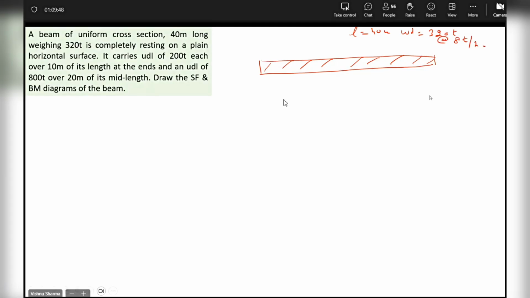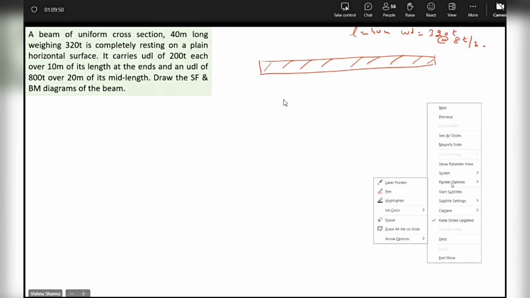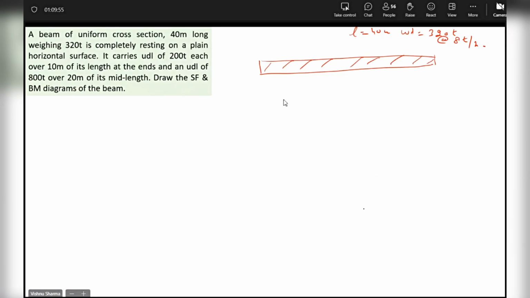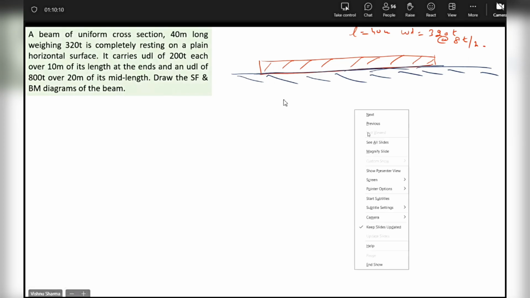This beam is completely resting on a plane surface. We already understood what that means. That means the beam is fully supported on the plane surface. And the beam carries a UDL of 200 tons each over 10 meters of length from each end.